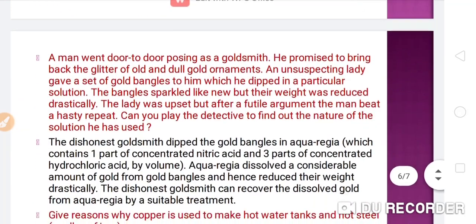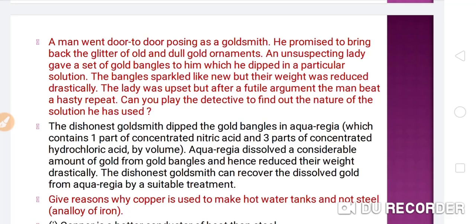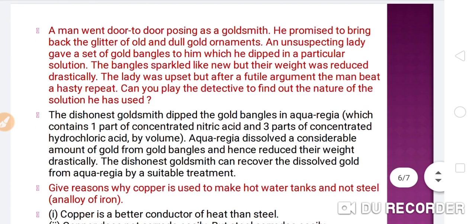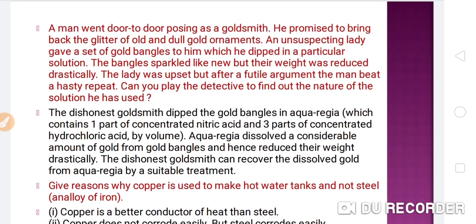Now come to the next question, that is, a man went door to door posing as a goldsmith. He promised to bring back the glitter of old and dull gold ornaments. An unsuspecting lady gave a set of gold bangles to him, which he dipped in a particular solution.